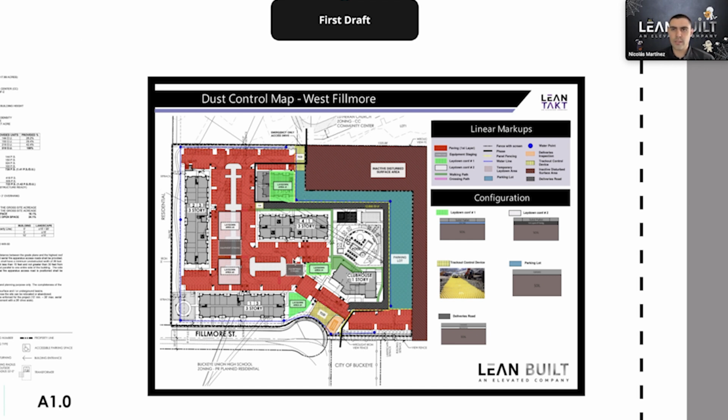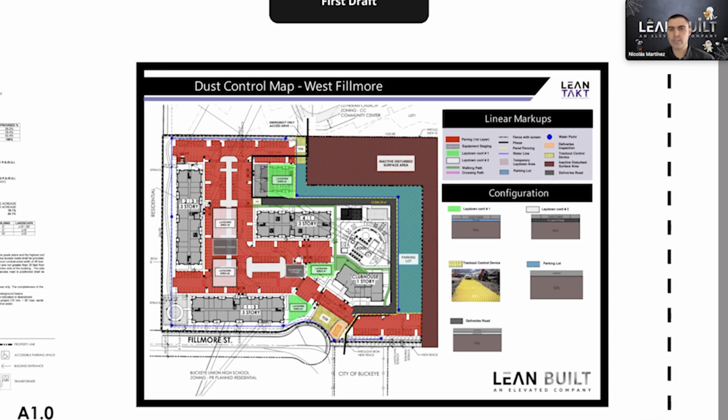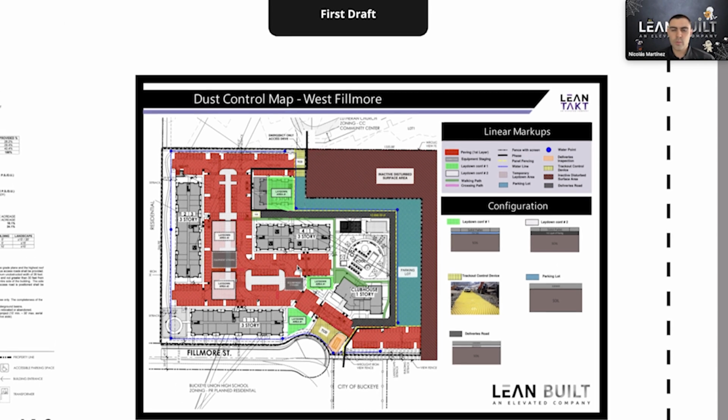We calculate the paving areas, the parking lot areas, the laydown areas, the unpaved areas, and the track out control device. Bluebeam lets us calculate the area, the square feet, the volumes, and the references, and then we put it in that beautiful legend, the configuration for the different items that we should include in our plan. Amazing. So this is the more formalized one.